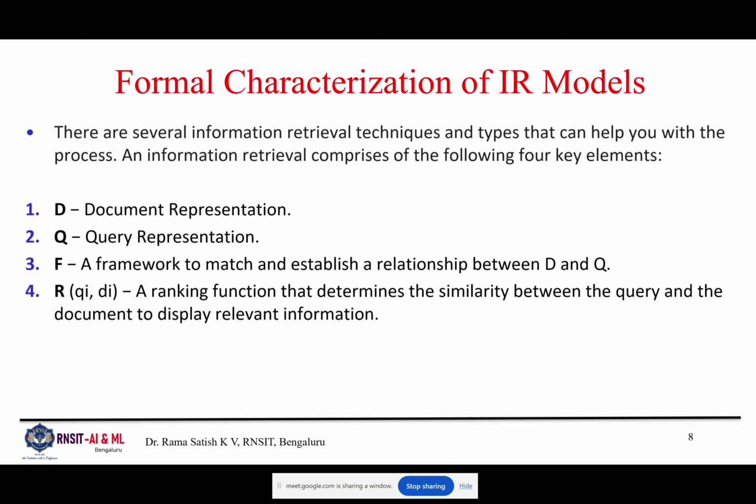The first one is D, the document representation. We certainly call this information retrieval model a quadruple: D, Q, F, and R. So, what is D? D represents the document, Q represents the query, F represents the framework, and R represents the ranking function.